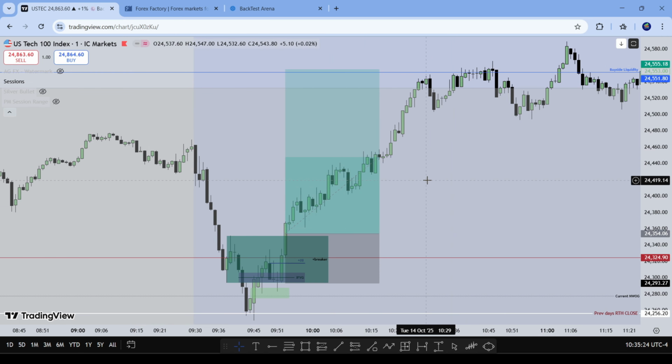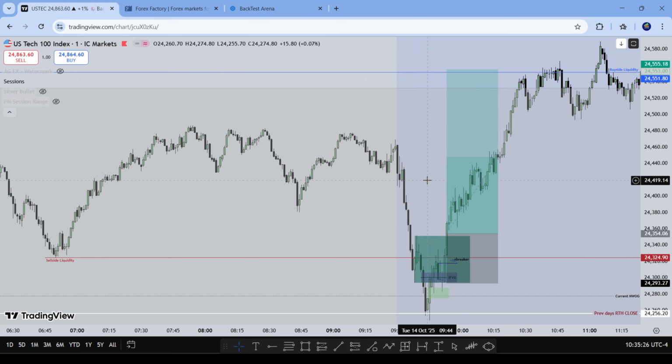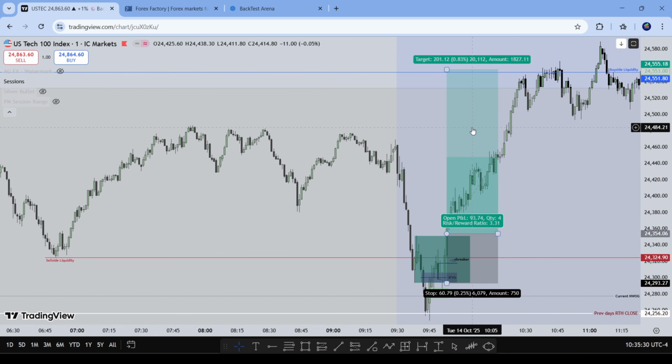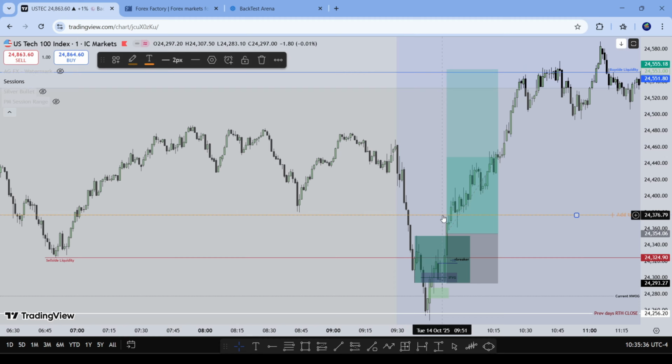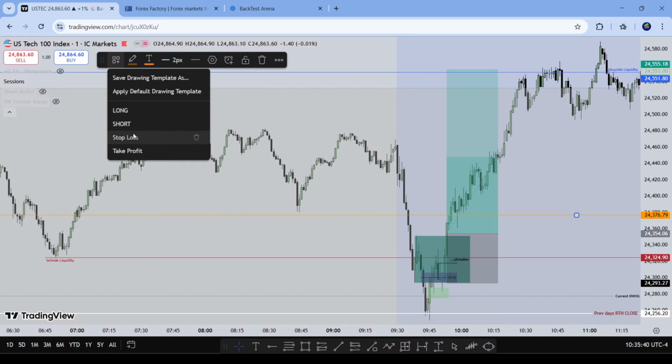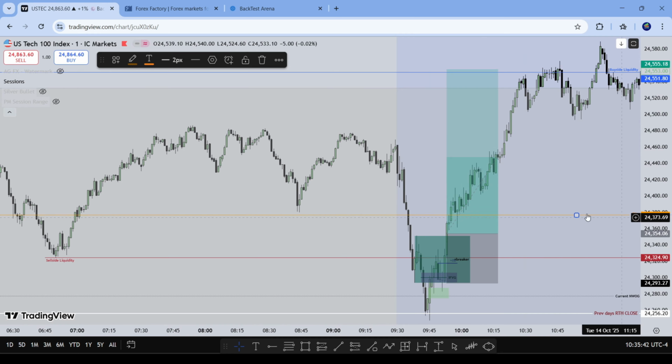Then what you can do, I learned this from one of ICT's execution videos. If you are not satisfied with the risk to reward you had, like the original one that you're supposed to have, which is this, what you can do is, let's do this. Let's assume this is our hypothetical stop loss.